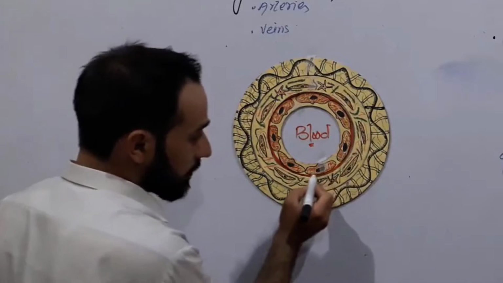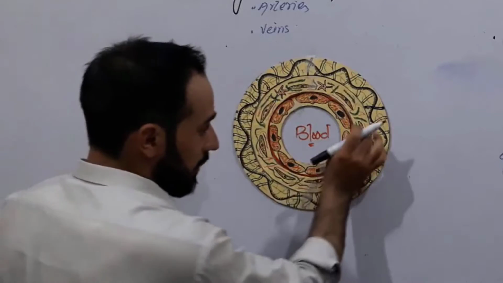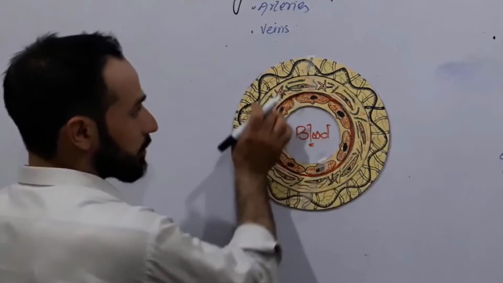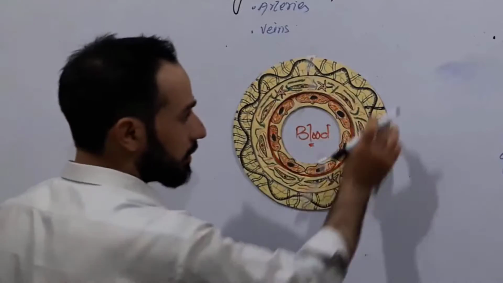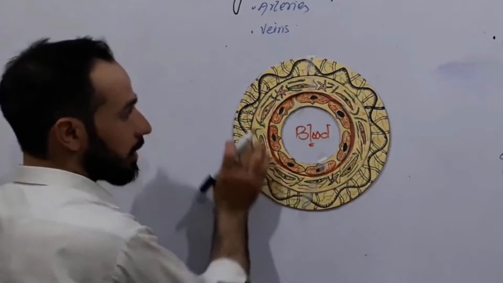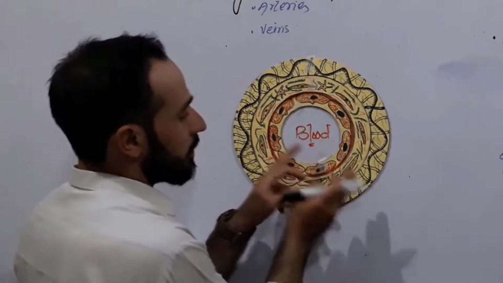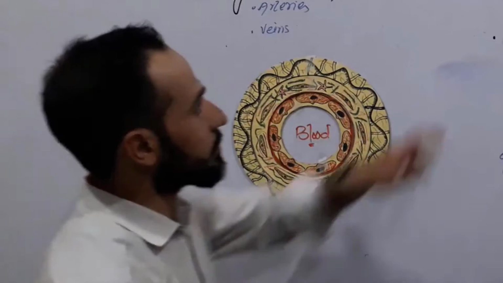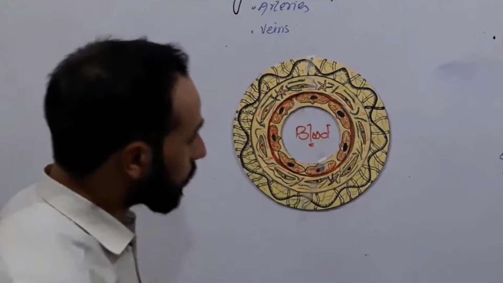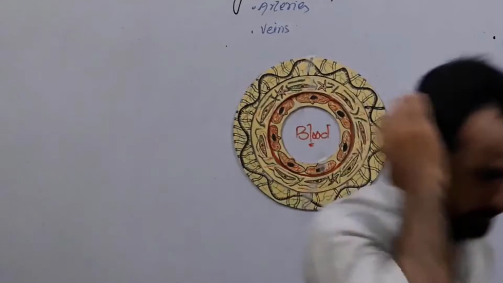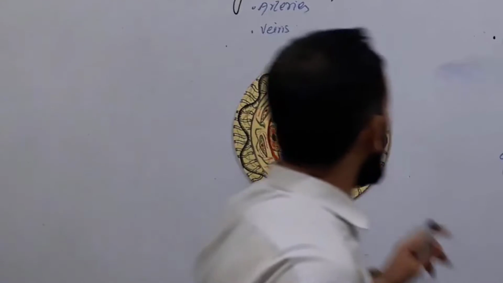This red line is the basement membrane. Then there is the subendothelial layer, right? And then there is the inner elastic lamina, right? So all these four layers are the sublayers of the inner coat. Clear, friends? Okay, now let's move towards the tunica media.